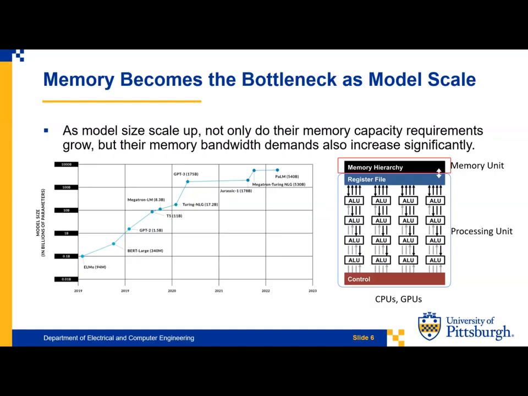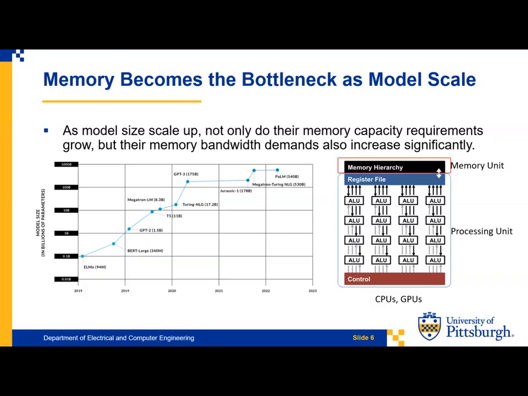This is especially true in the von Neumann architecture, because you need to fetch the weights from memory to your processing unit, do the MAC operation, and write back the result to the memory unit. You can imagine that for a prompt in a large language model application, you may have hundreds or thousands of output tokens, right?